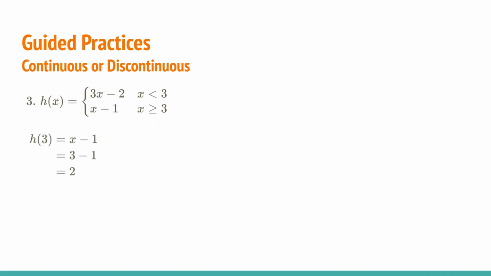So simply get the value of 3 and replace it with x to get 2. By the way, we used x minus 1 because 3, according to the piecewise function, is in the case where x is greater than or equal to 3. So we will get 2.